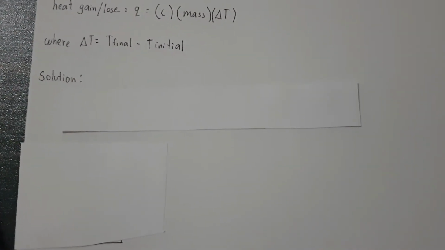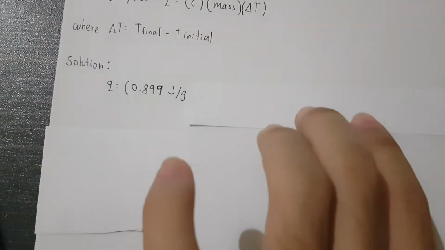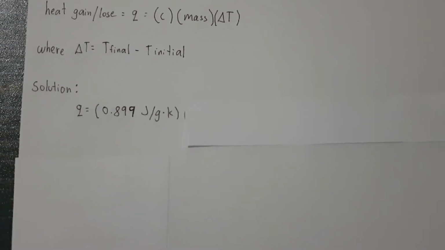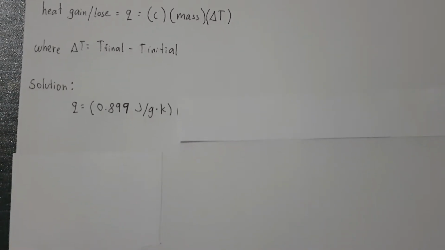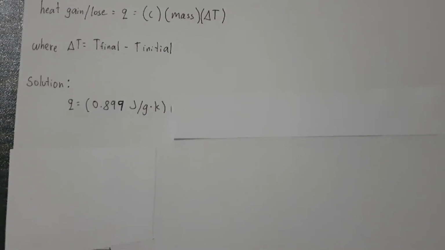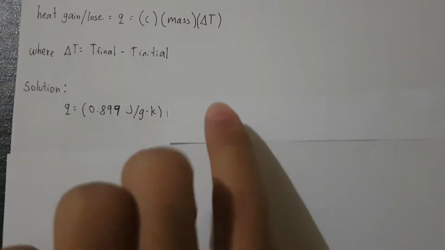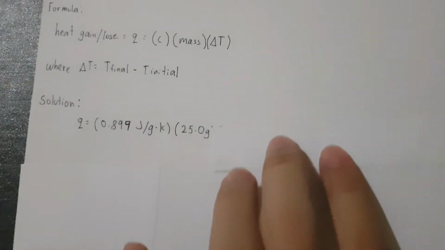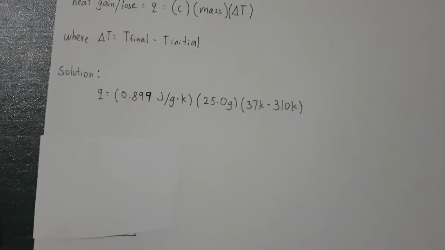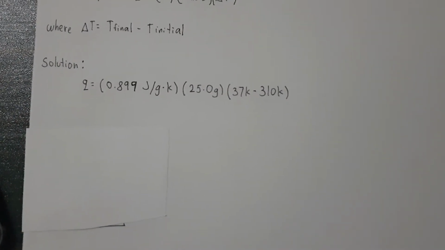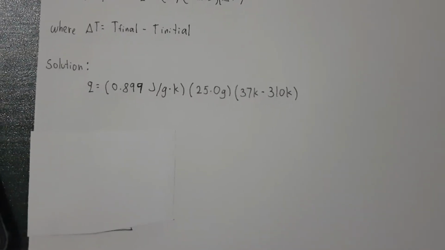So we have here our solution. Q is equal to 0.899 joules per gram Kelvin. We got the 0.899 from the specific heat capacity table for aluminum. Then 25 grams times 37 Kelvin minus 310 Kelvin. We need to subtract the initial temperature from the final temperature.